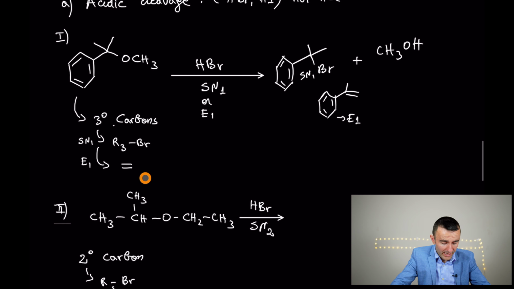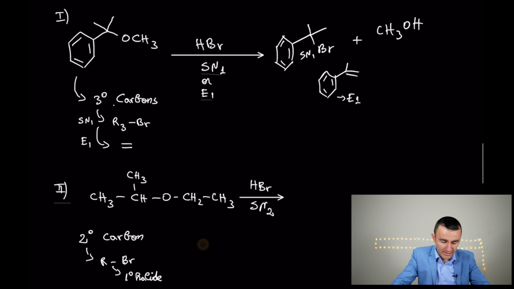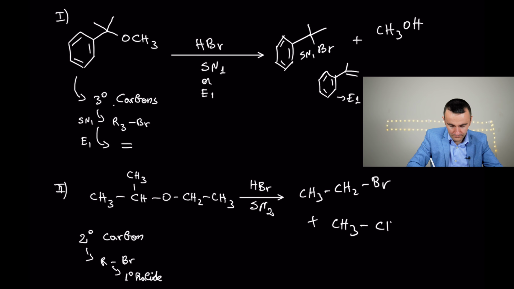But if you have a less substituted ether, treat that with HBr or HI, you're going to have, according to SN2 mechanism, in this case, the formation of the primary halide as the product, so CH3CH2Br plus the alcohol, secondary alcohol.